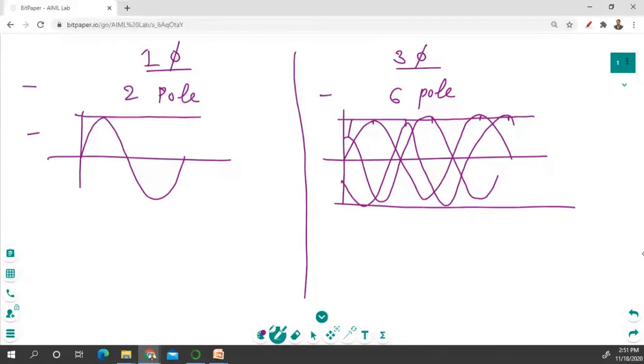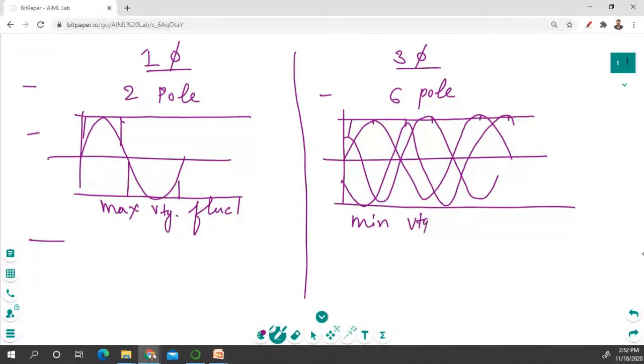But when you say our voltage is single phase, then there is maximum voltage fluctuation. So here is a maximum voltage fluctuation. There is a minimum voltage fluctuation.